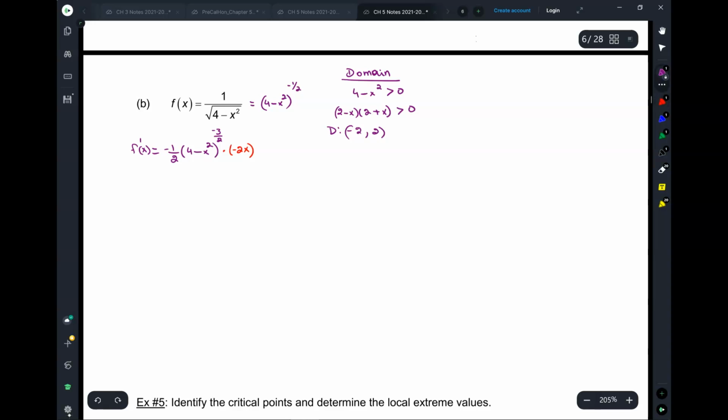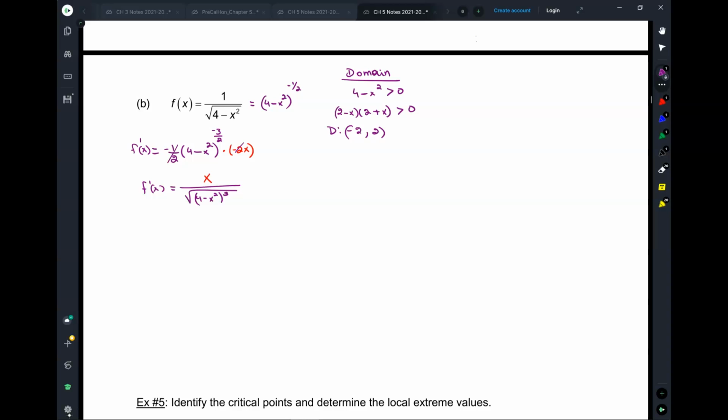Negative 2 cancels with negative half. F prime of x is equal to x on top here. I'll color code it. And then this goes to the bottom, so it becomes the square root of 4 minus x squared, cubed.